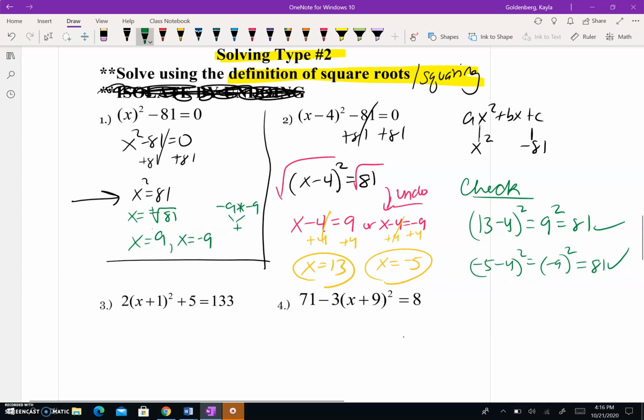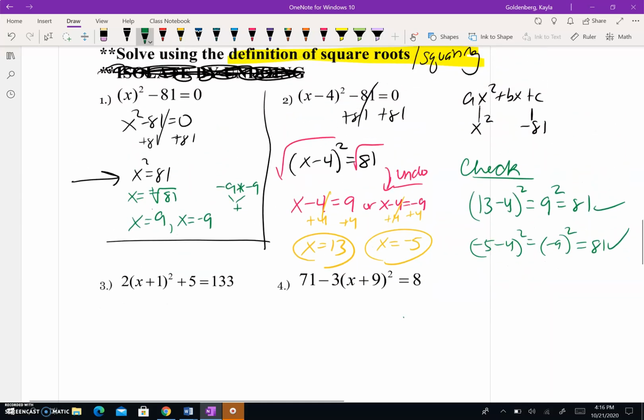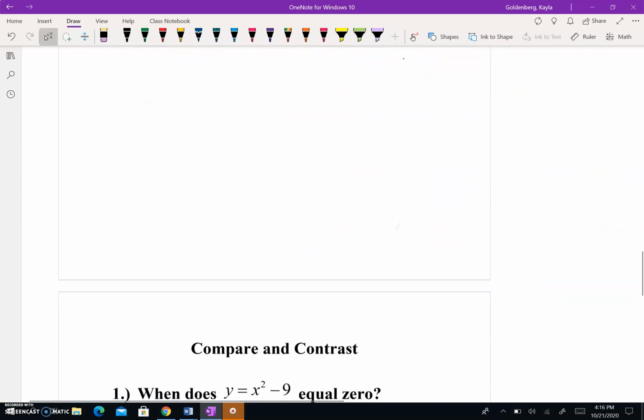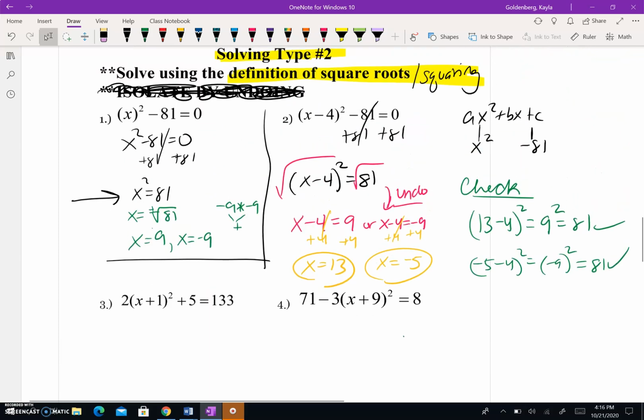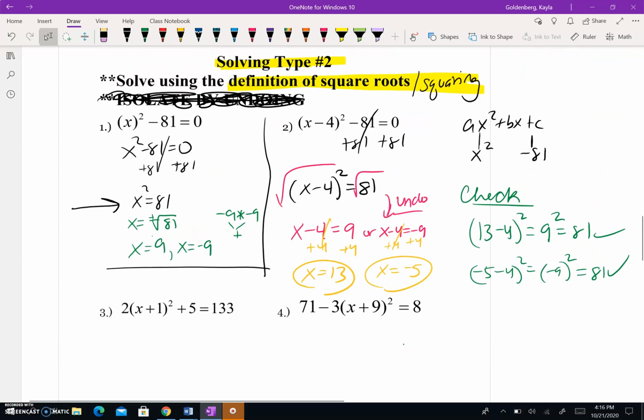Let's try one more, and then maybe I'll have you try the last one on your own. So we've only got a couple more. This next one has a little bit more going on. For number 3 and number 4, the idea I want you guys to think about is that we're isolating by undoing.